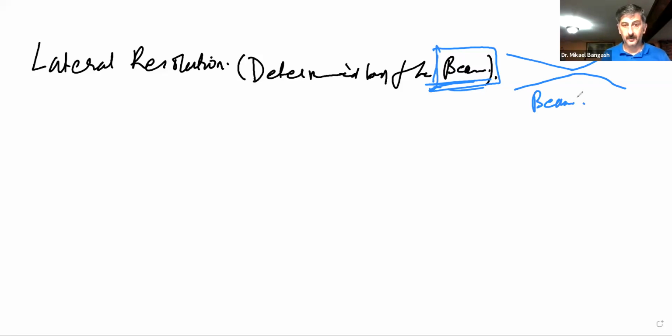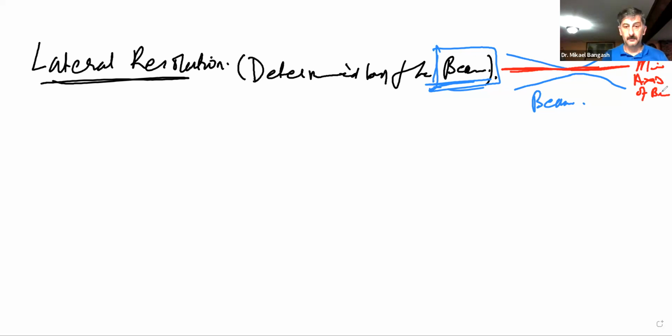Now, first of all, how do we define lateral resolution? Clear. We already said the other day that this here is the main axis of the beam.